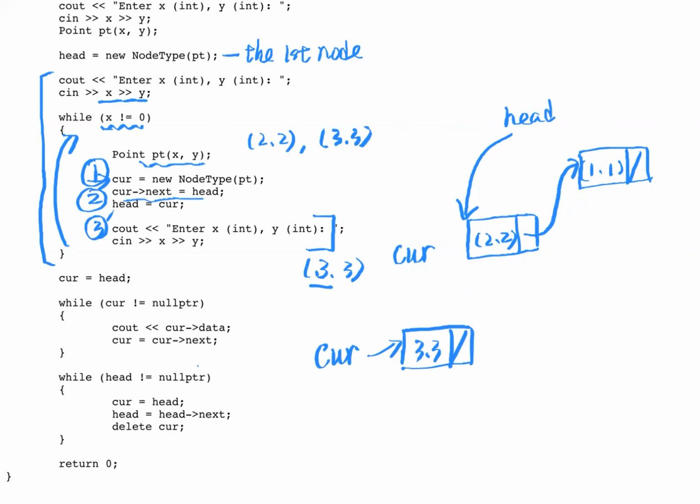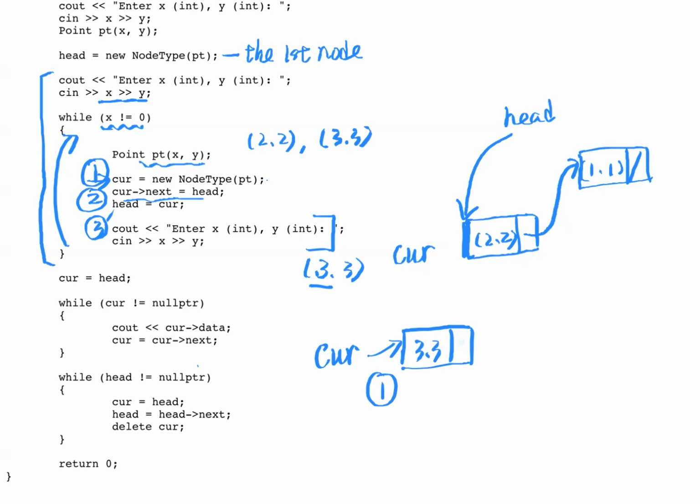So step 1, current equal to this new node, and then the current next equal to head. Now the head is pointed to the node containing 2, 2.